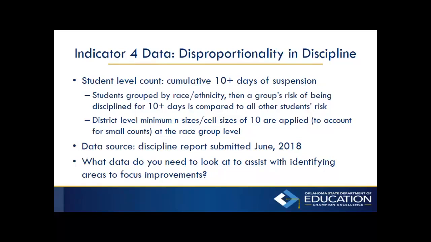Okay, so you need to look at your data and figure out why that one group is receiving more suspensions than other groups, okay? Is it a particular site? Is it a particular grade level? Those kinds of things, okay? And we are happy to work with you to identify those sources of information.